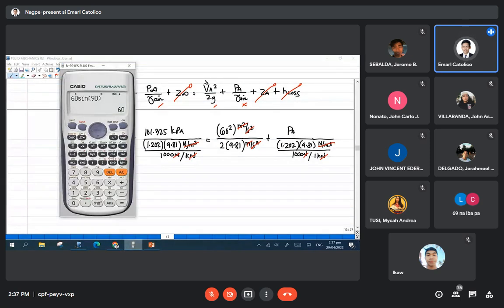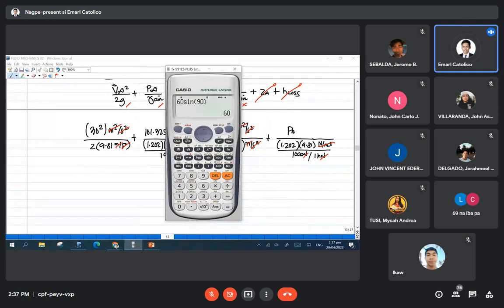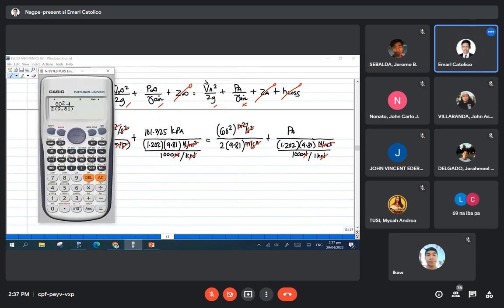Okay, so input natin sa calculator. Pagsamahin natin lahat ng may same denominator para malessen yung i-input natin. So, 30 squared over 2 times 9.81, minus 60 squared over 2 times 9.81. Then, plus 101.325 minus PA (alpha x) over 1.202 times 9.81 divided by 1,000 is equals to 0.